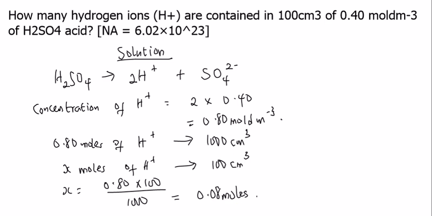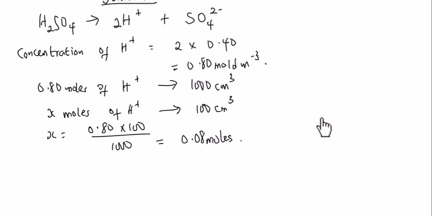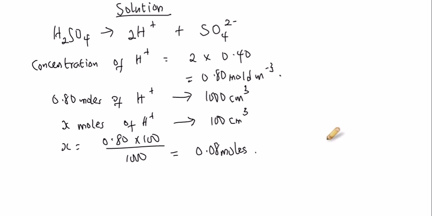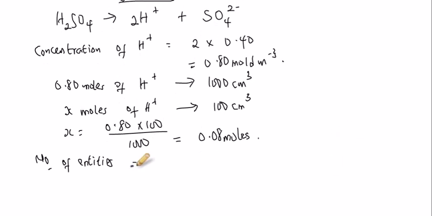Now we've gotten the moles of hydrogen ions present in the acid, so let's proceed to the final step, to determine the number of ions present, given the Avogadro's constant to be 6.02 times 10²³. To solve that, we'll be making use of the formula: number of ions or number of entities equals moles multiplied by Avogadro's constant.